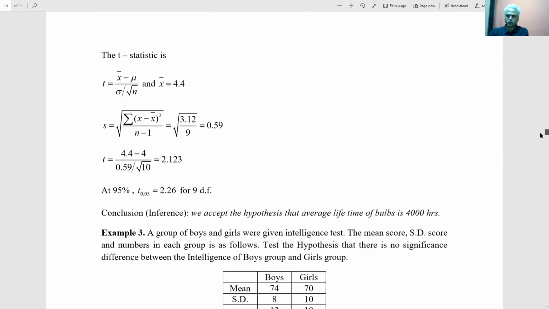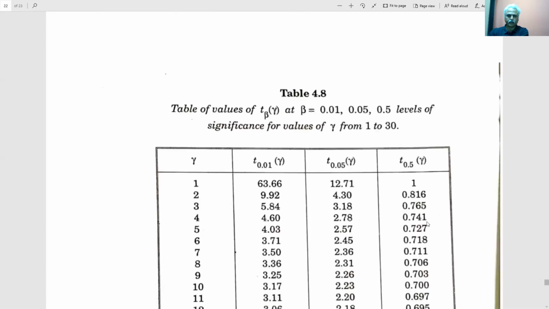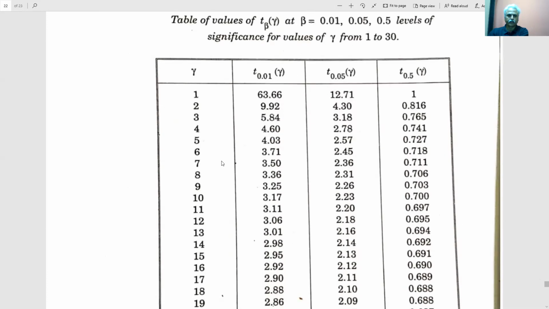This is the T distribution table. This is degrees of freedom 9, and for this 2.26 is here, for 95% confidence limits, meaning 0.05 level of significance. So this 2.26 has come because of 9 degrees of freedom and 95% confidence.